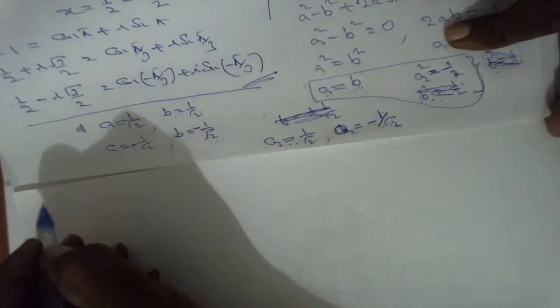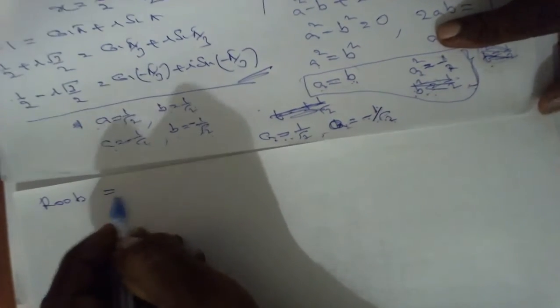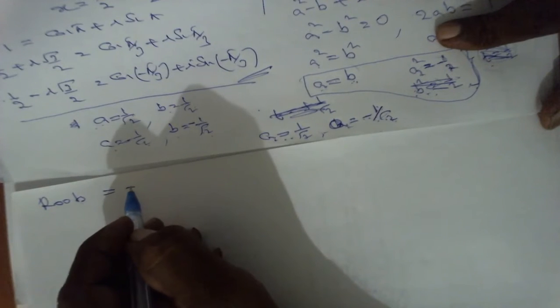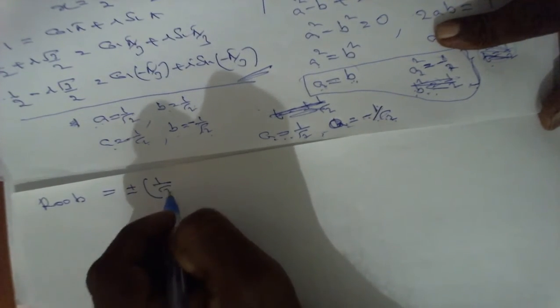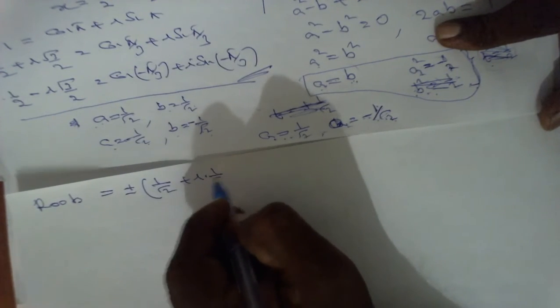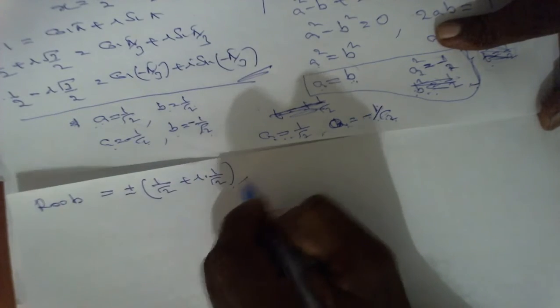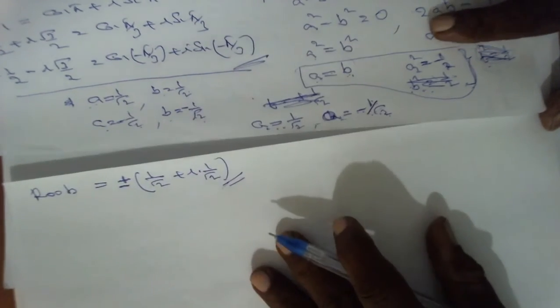Then two roots. What are the two roots? Roots are plus or minus (1 over root 2 plus i into 1 over root 2). Right?